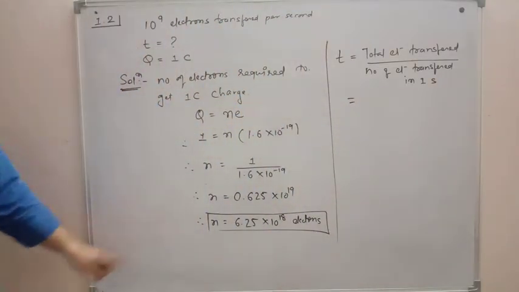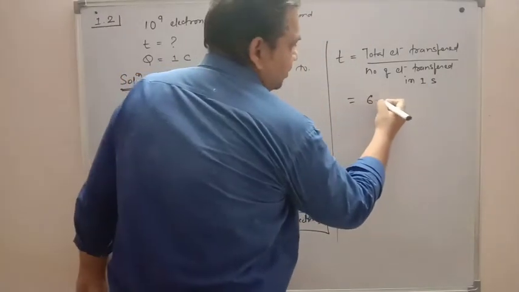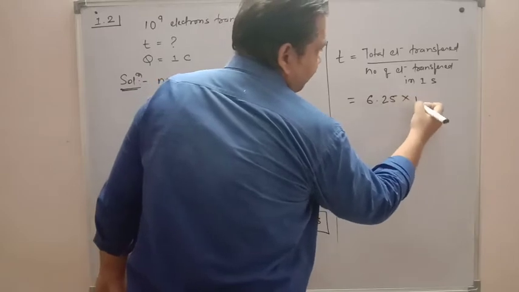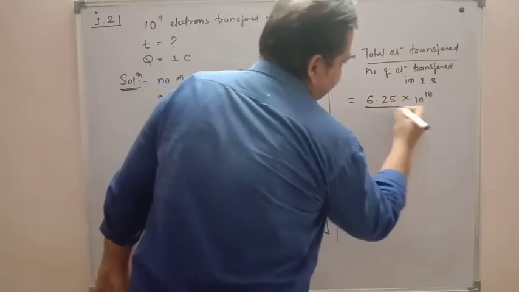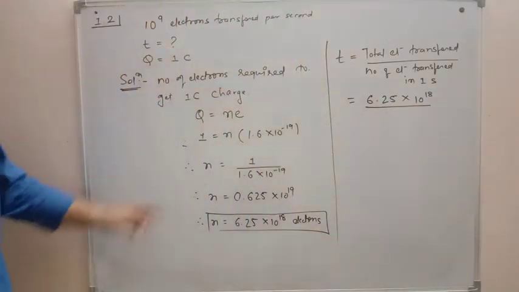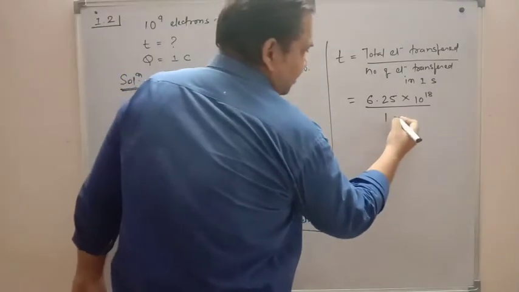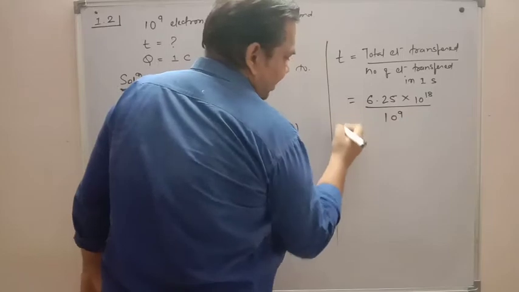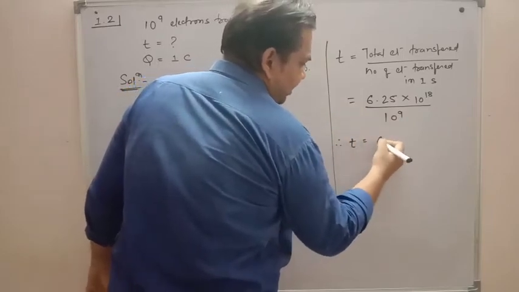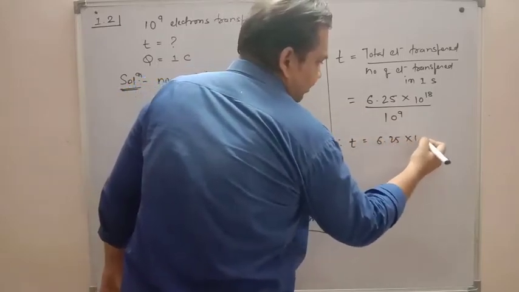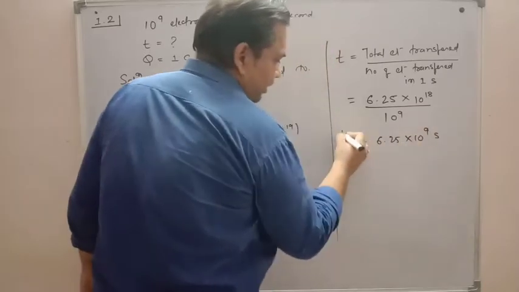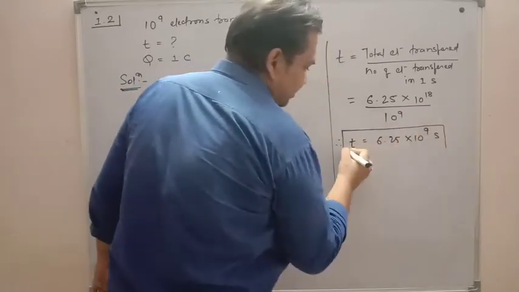Total electrons transferred comes out to be 6.25 into 10 power 18, and the number of electrons transferred per second is 10 power 9, so time T will be 6.25 into 10 power 9 seconds.